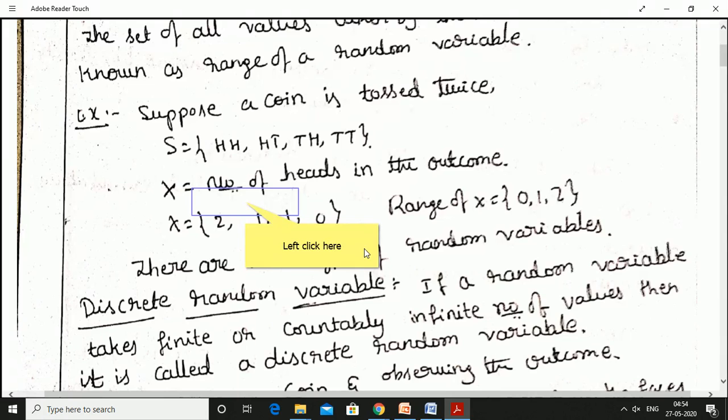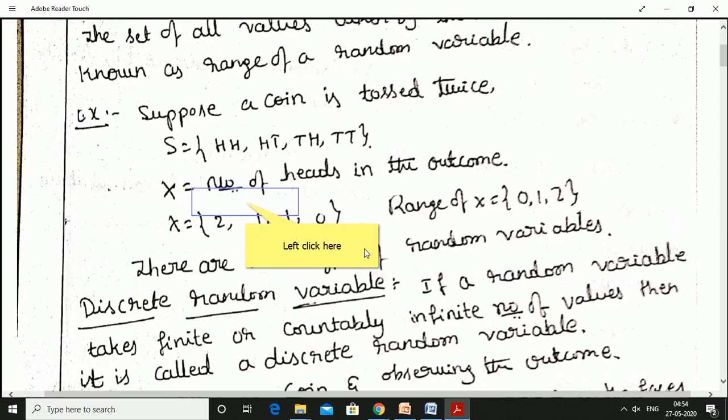So, X assigns a real number for HH as 2 because there are 2 heads. There is only one head in HT, so X assigns the value 1 for HT. Similarly, for TH also there is only one head, so X assigns the value 1 for TH. And X assigns the value 0 for TT because there are no heads.